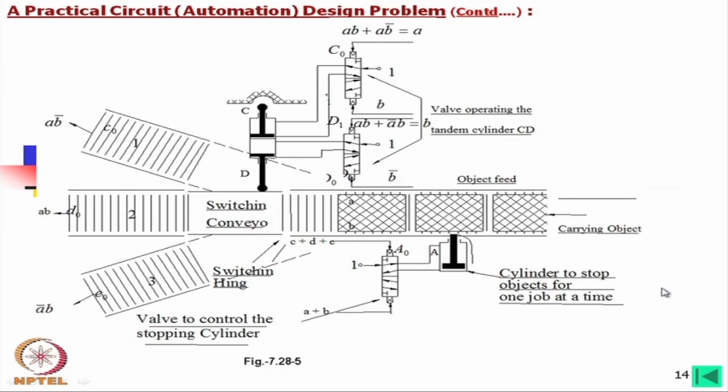Say 3 different products are there, they need to be sorted out and sent to the 3 conveyors. Now, it might be that 2 are the acceptable product, and the third might be the rejected one.